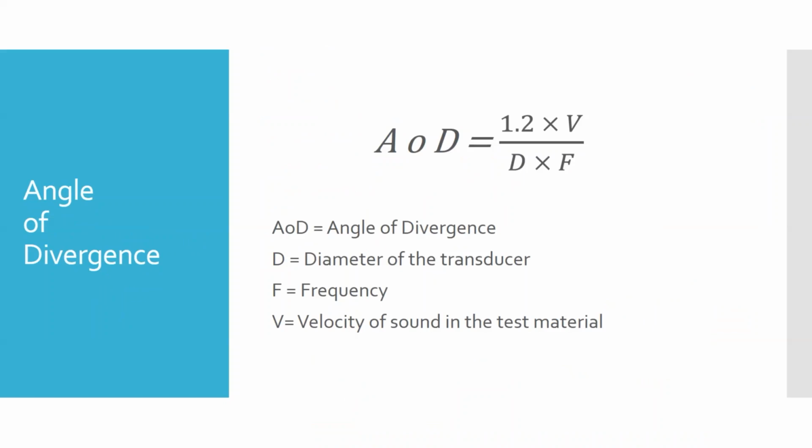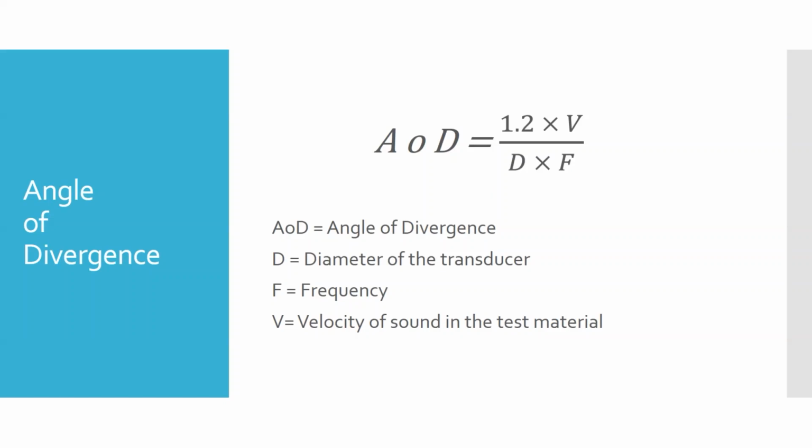This will give you an answer in degrees. So 1.2 degrees on each side, sum total of 2.4. That's a fairly narrow beam, but it's definitely going to have spread.